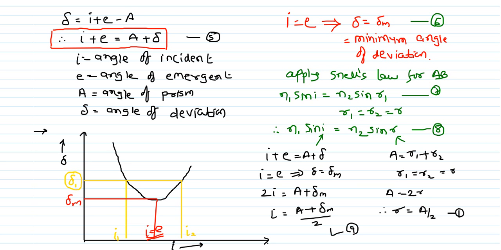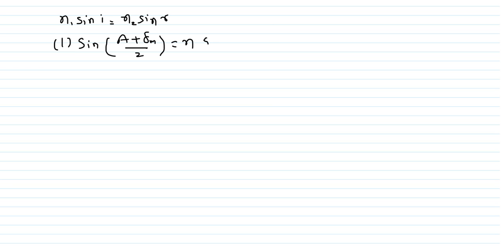So eta 1 sin I is equal to eta 2 sin r. Okay, now eta 1 is equal to 1, it is for air. Sin I, what is the I? A plus delta m by 2. Eta 2 is equal to eta, sin r. What is your r? So r is equal to A by 2.